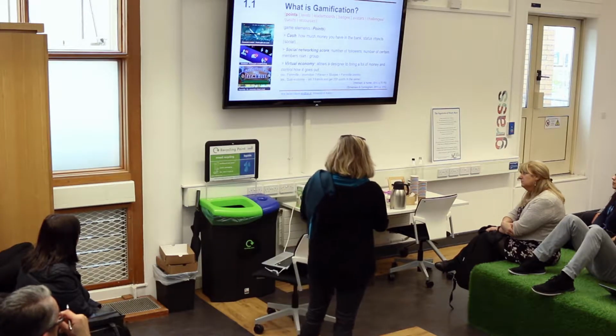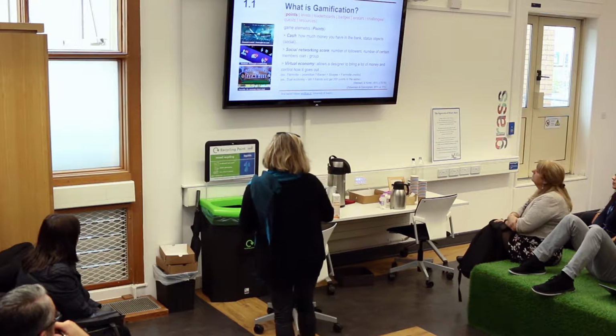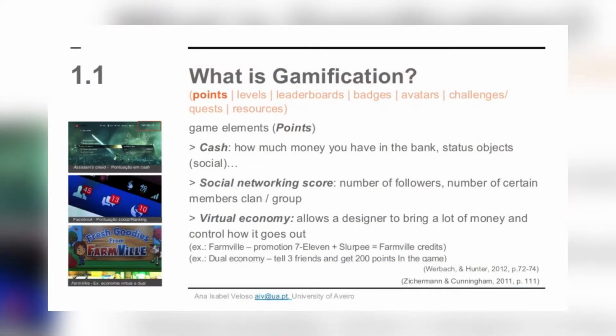So, several kinds of points. For example, cash, which is money that you can have in the bank or can be related to a social status. The social network score is the most known. For example, a Facebook notification that could be applied in other contexts.